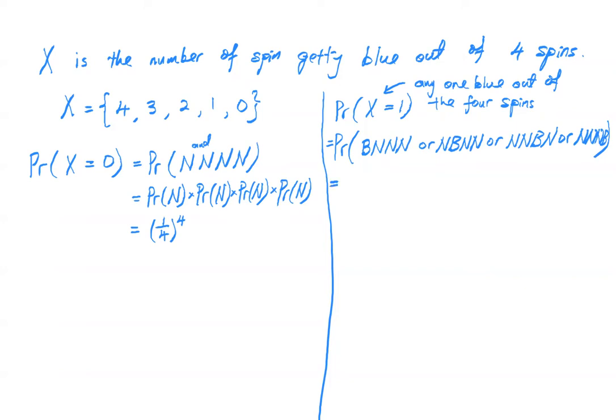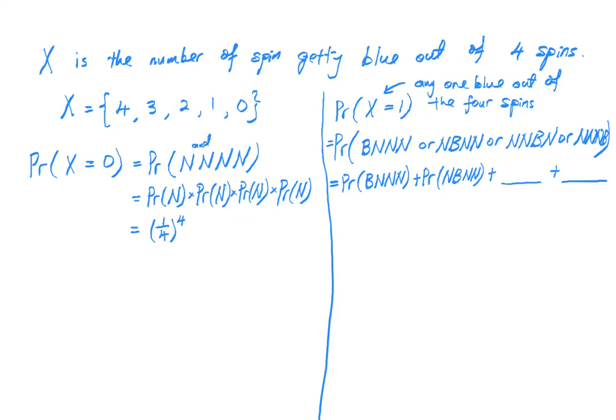Okay, so when you have "or", it means you have to add the probabilities. This only happens if it is an independent trial. Okay, the other two you write by yourself. I'm not going to write. Okay, so now if you look at each one of them, 1 blue, 3 not blue, correct?